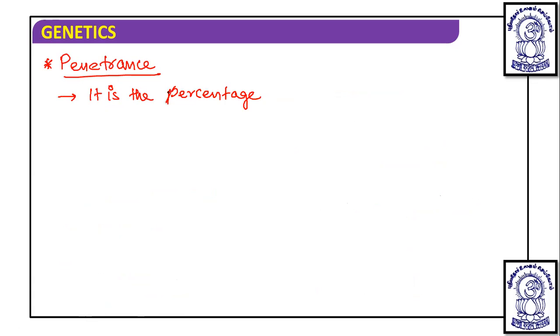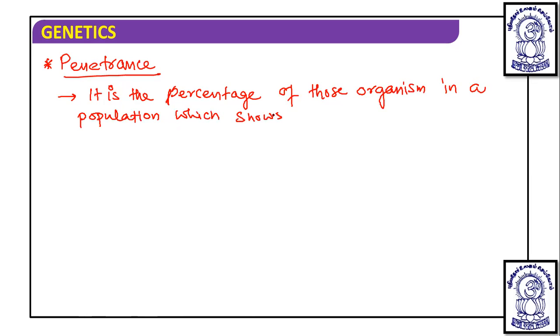Now, when we talk about penetrance, it is the percentage of those organisms in a population which show the phenotype associated with their genotype.